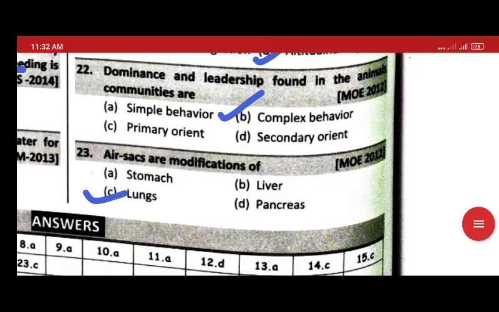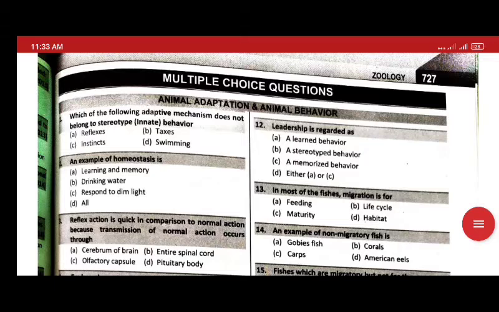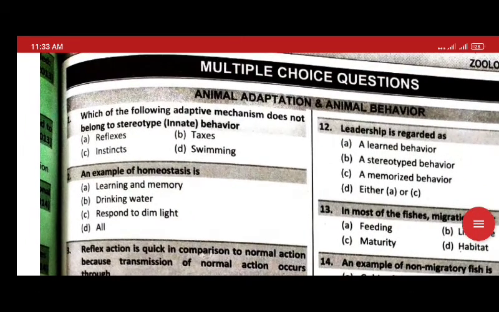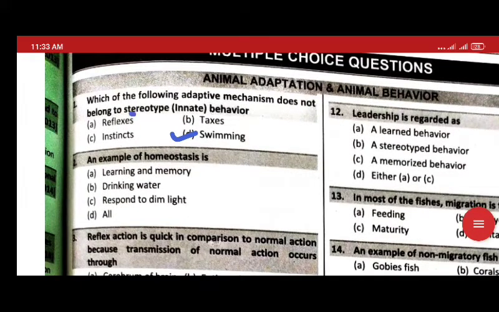Again we have a multiple choice question. Which of the following adaptation mechanisms doesn't belong to a stereotype innate behavior? Innate behavior means inborn. So swimming is a learned type of behavior, and reflex and intrinsic, all three are types of innate behavior as we discussed in our class.